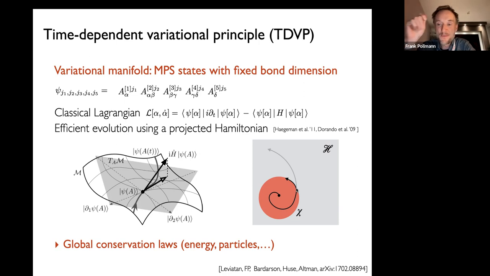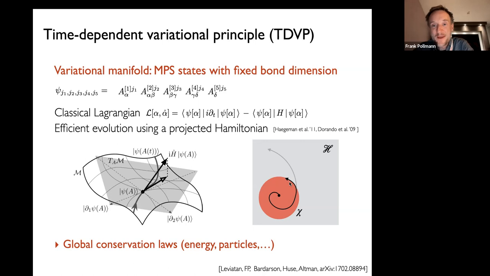But at this point, if we are just following the TDVP equations, it doesn't leave the manifold because we are projecting it back. So we now follow a trajectory which is maybe at the boundary of this manifold. This is kind of a graphical illustration of how I imagine it looks.